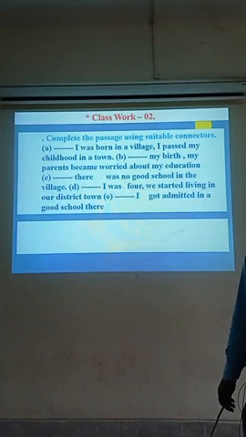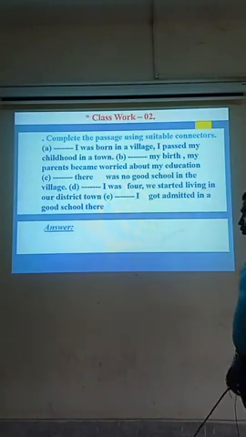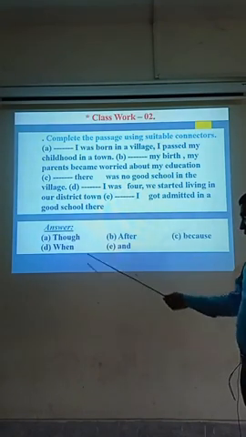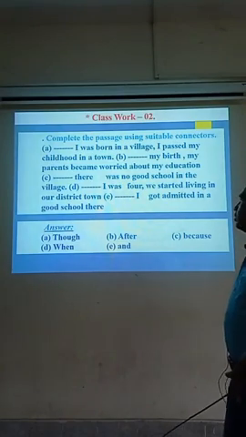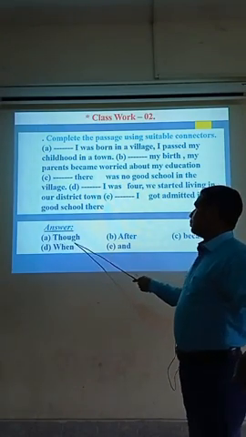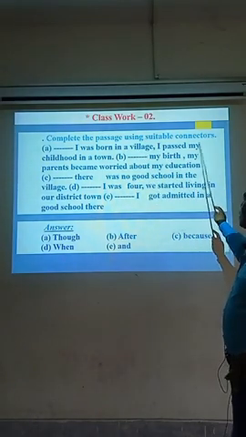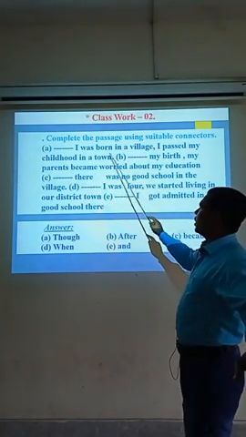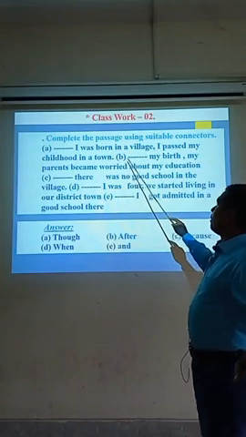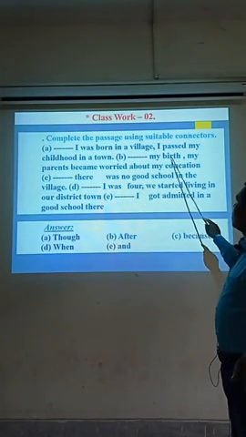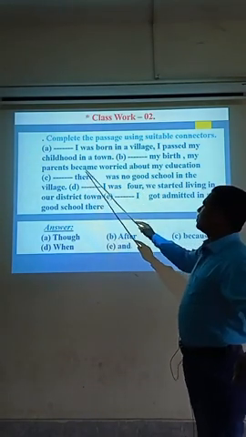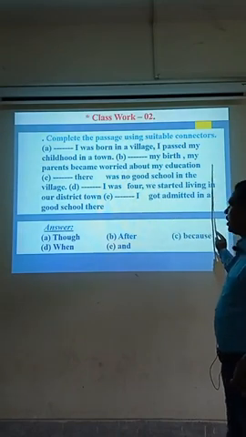Okay, now we will see the answer. What will be the answer? Number A. Though I was born in a village, I passed my childhood in a town. B. After my birth, my parents became worried about my education.